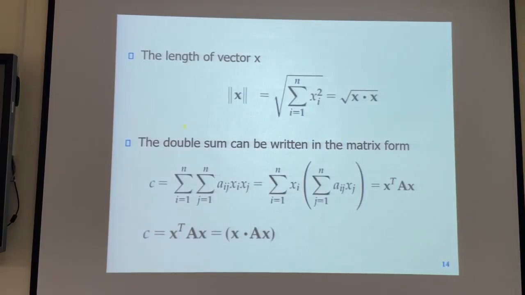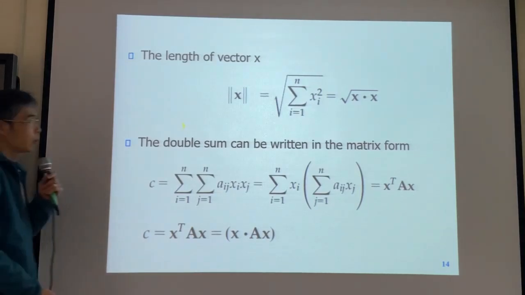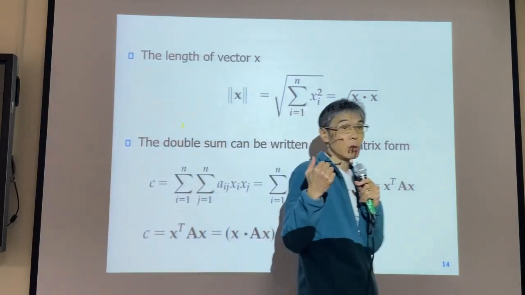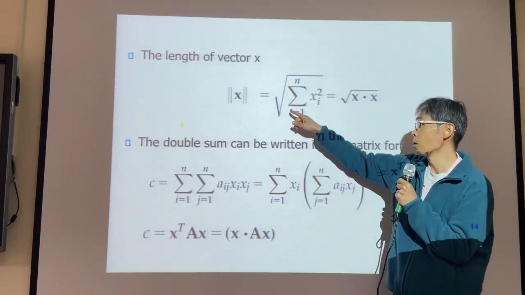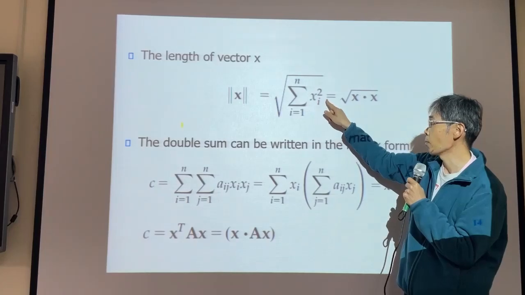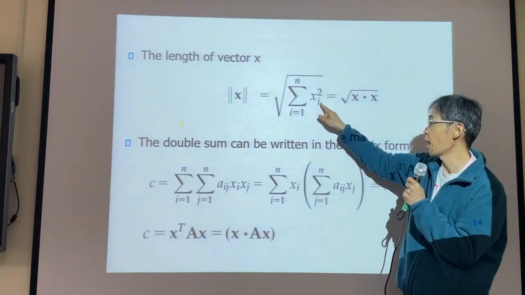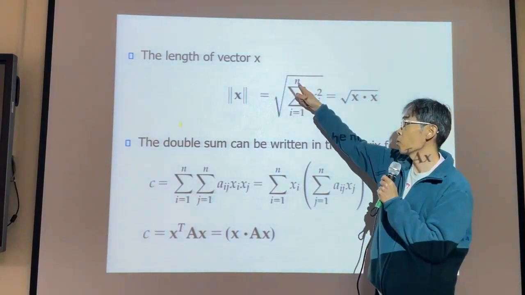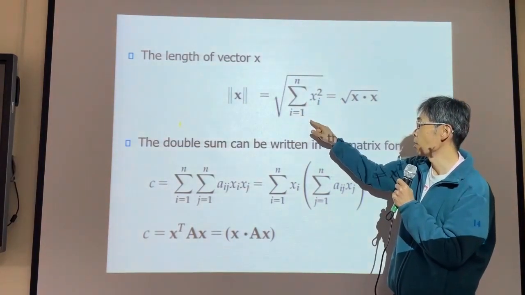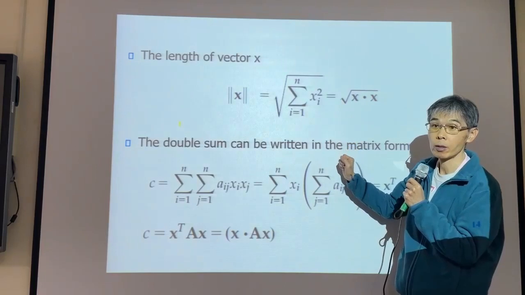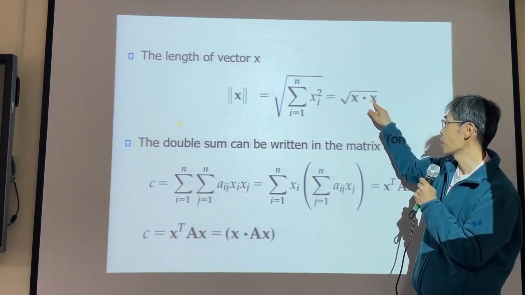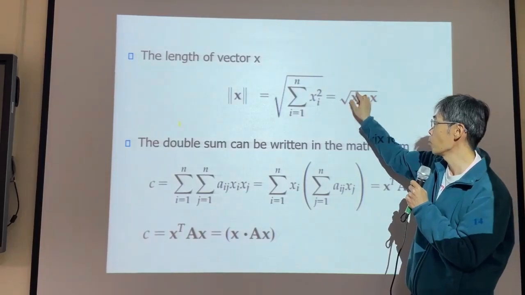Then how to calculate the length of a vector? We can use this equation. If x is a two-element vector, x1, x2, then the length definition is the square root of x1 squared plus x2 squared, sum i from 1 to n. If n is 2, then this is x1 squared plus x2 squared. Another symbol is x inner product x, and taking the square root gives this one.